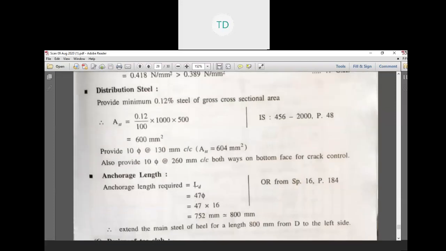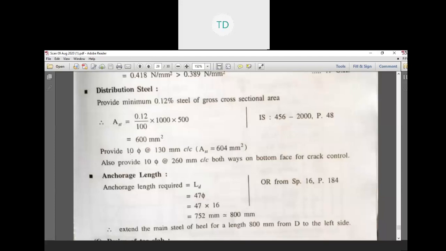Now for distribution steel, we provide minimum 0.12 percentage of steel of gross cross section area, and from the AST we get 600 mm square steel, which is also given in IS 456 2000 page number 24.